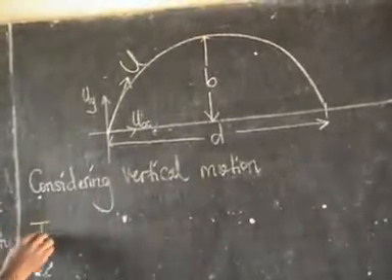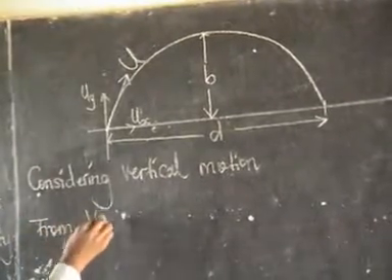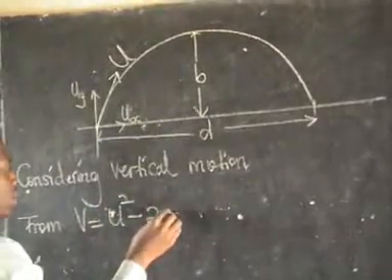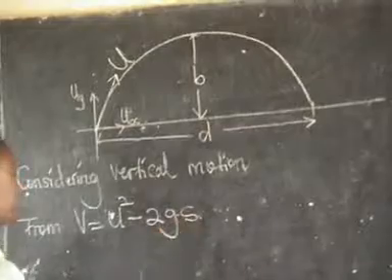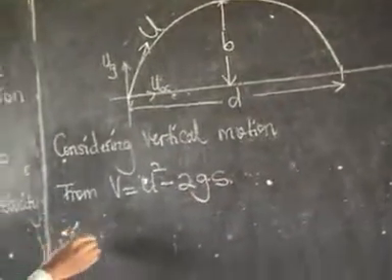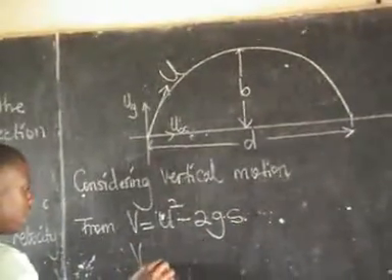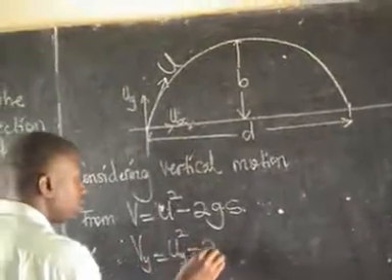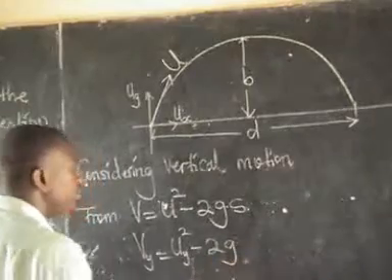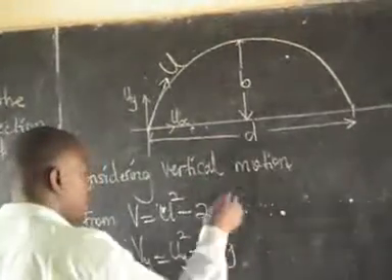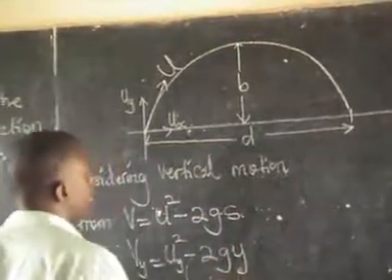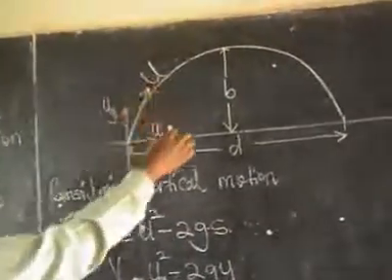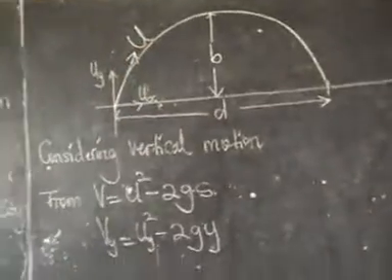So using the third equation, V squared is equal to U squared minus 2gs. For vertical motion, we shall have Vy squared is equal to Uy squared minus 2gy. I can put a y here to show that I'm dealing with the motion along the vertical.